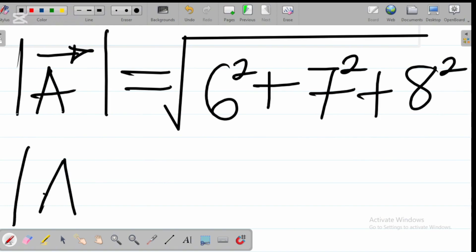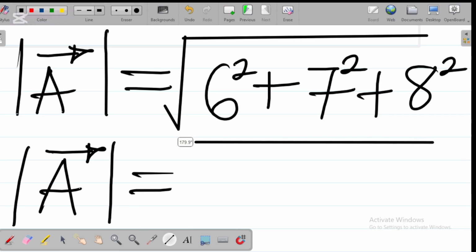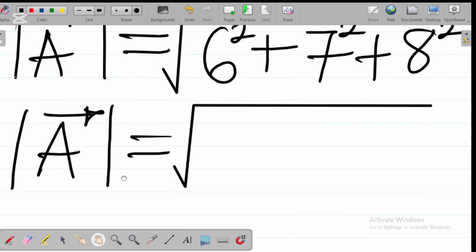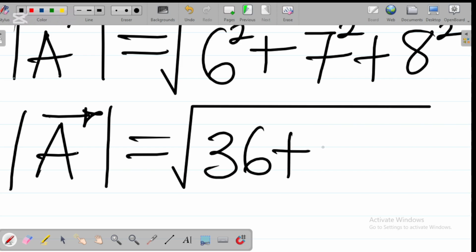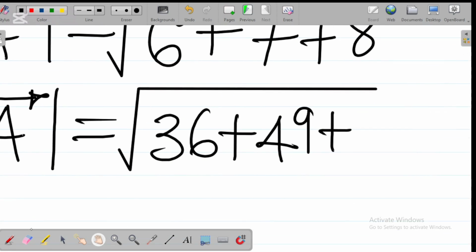So the magnitude of vector A is equal to 6 raised to the power 2 is 36 plus 7 raised to the power 2 is 49 plus 8 raised to the power 2 is 64.